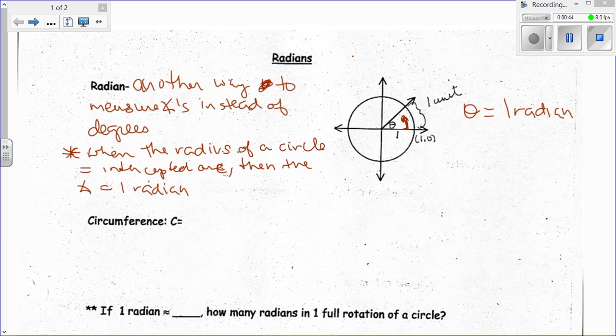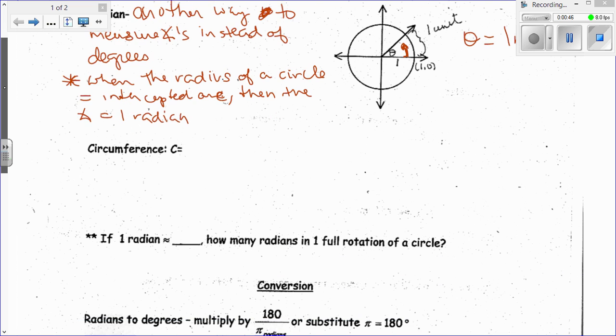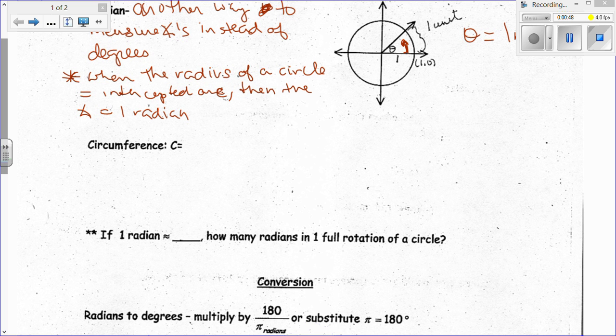To get what a radian is, we're going to start talking about the circumference. The circumference of a circle is 2 pi r, where r is a radius. So the circumference is 2 pi radii, meaning more than one radius.